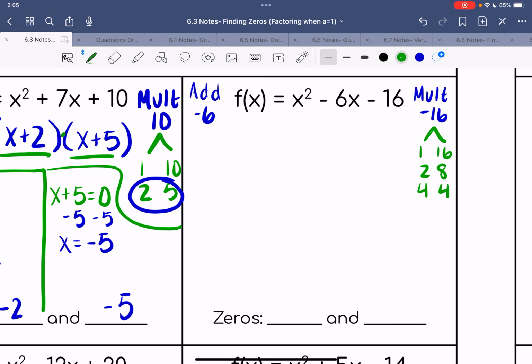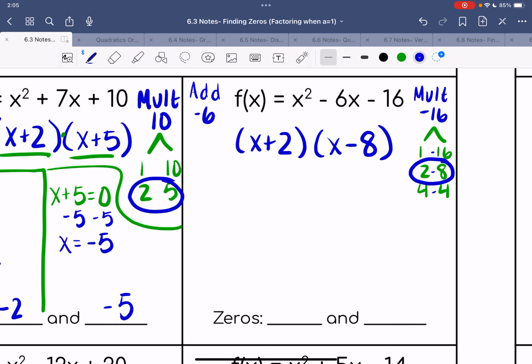Because I need to multiply to be a negative, I need one number to be negative. Because I want to add to be a negative, I want my bigger one to be negative. So I'm going to make these guys over here on the right side negative. And now the ones that add together to be negative 6 are 2 and negative 8. So my factored form is going to be x plus 2 times x minus 8.